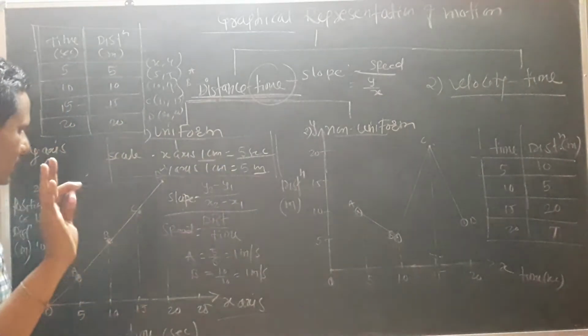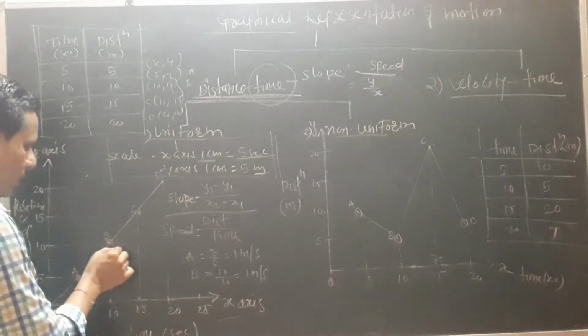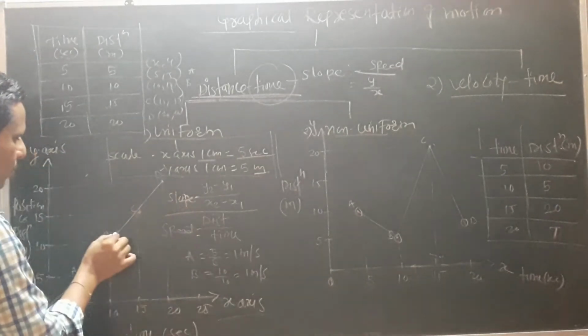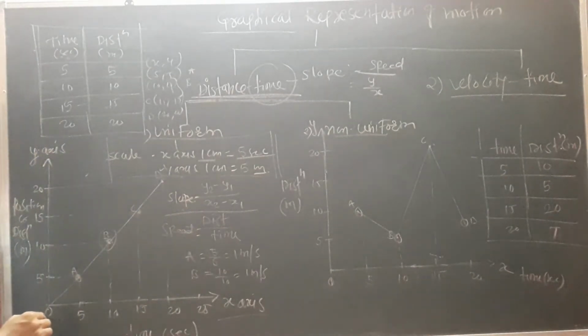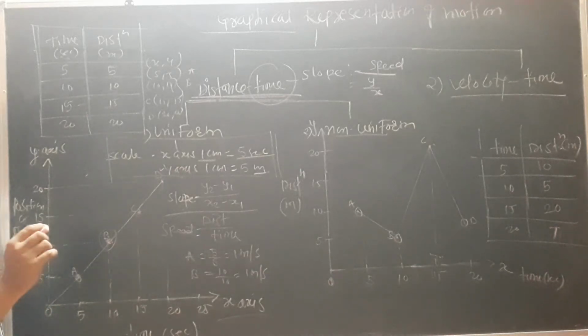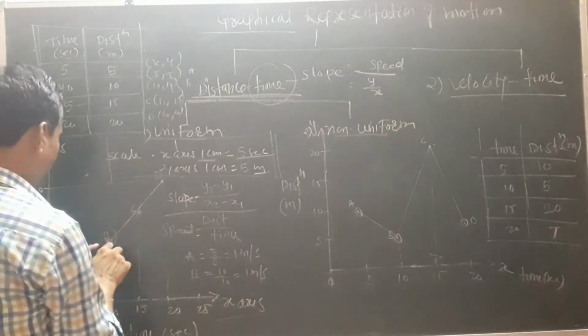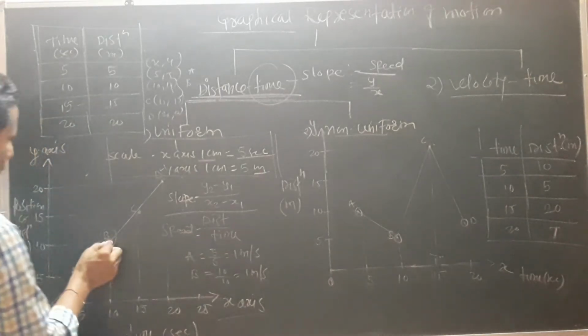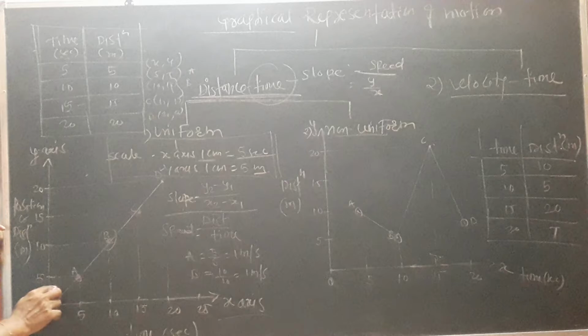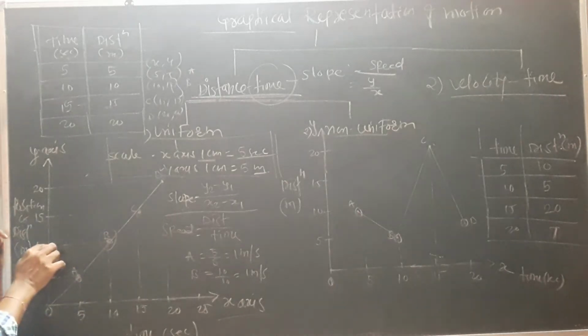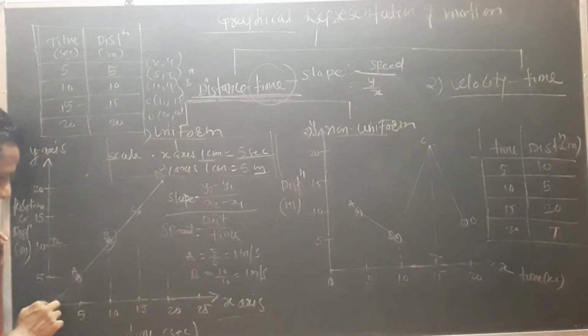For example, suppose I want to find out the slope at point B. For that purpose, I know point B is y2, which means this is the y variable. I take this point as y2. And y1 is nothing but the start from the origin.